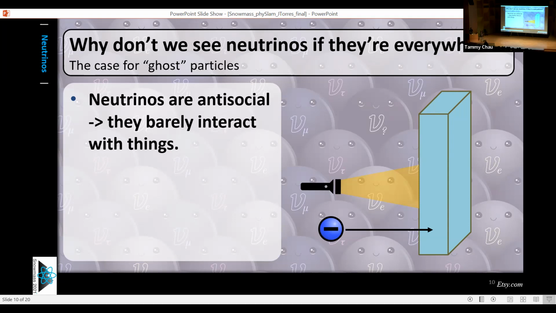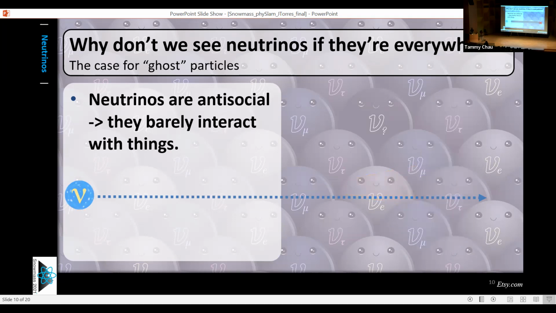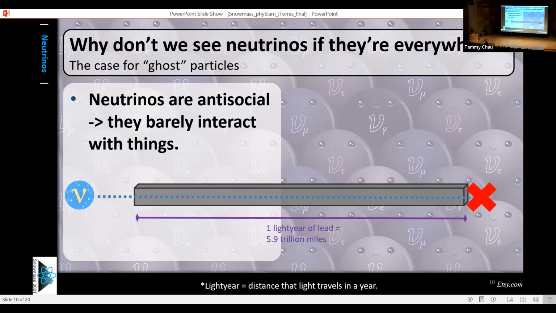And that's because electrons are medium interacting particles. So they will come and interact with the atoms inside the wall, and then they will disappear into other forms of energy. On the other hand, neutrinos, they don't care. They just go through because they are antisocial, or low interacting particles. In fact, it'll take about 5.9 trillion miles of lead, which corresponds to 1 light year, which is the distance that light travels in a year, to stop one of these neutrinos.